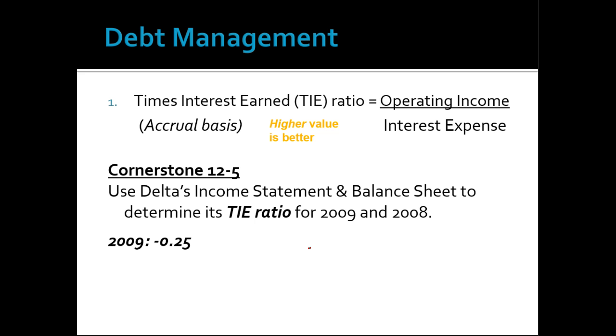This company has negative 25 cents of operating income for every dollar it owes in interest. That's not a good position. Now, how bad was it in 2008? Oh, it was a lot worse. They had negative $11.79 of operating income. They were in the hole $11.79 for every dollar they owed in interest.